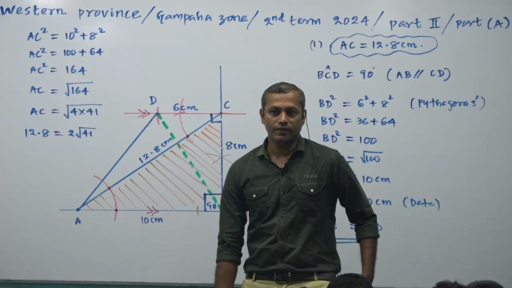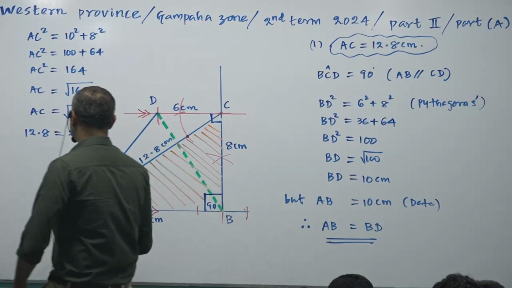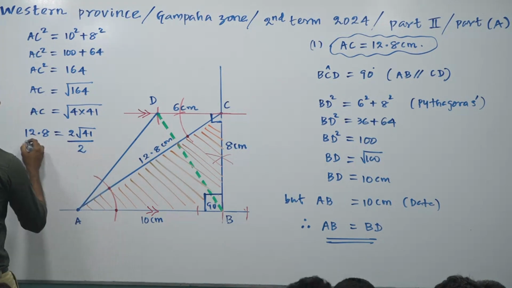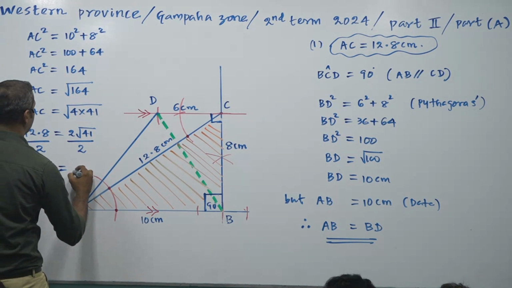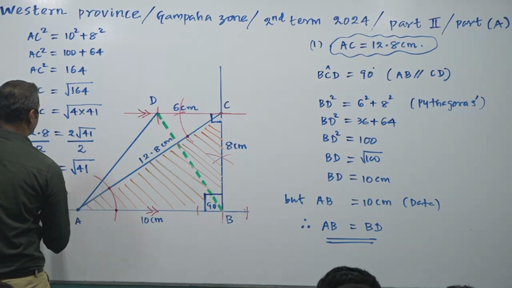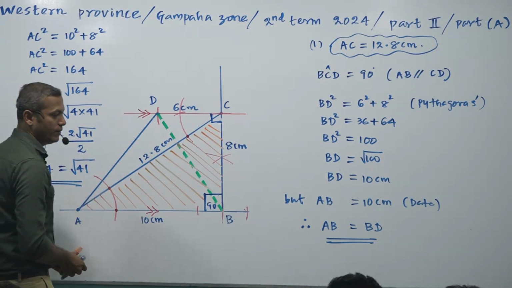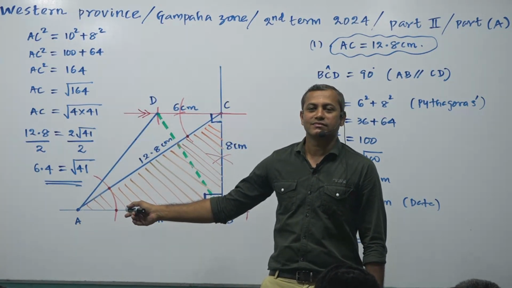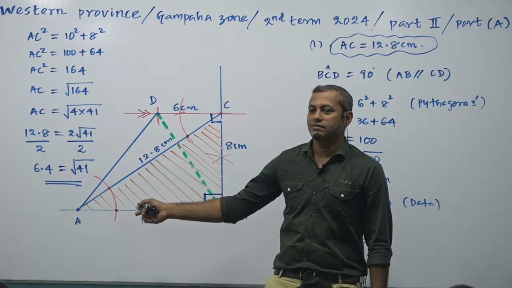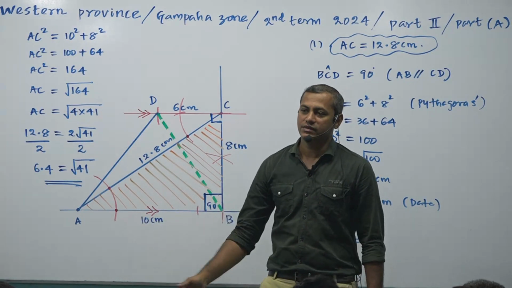Is that clear? So let's divide both sides by 2. Then 6.4. Square root 41 is equal to 6.4. So you got this correct? It's good. Is that clear?